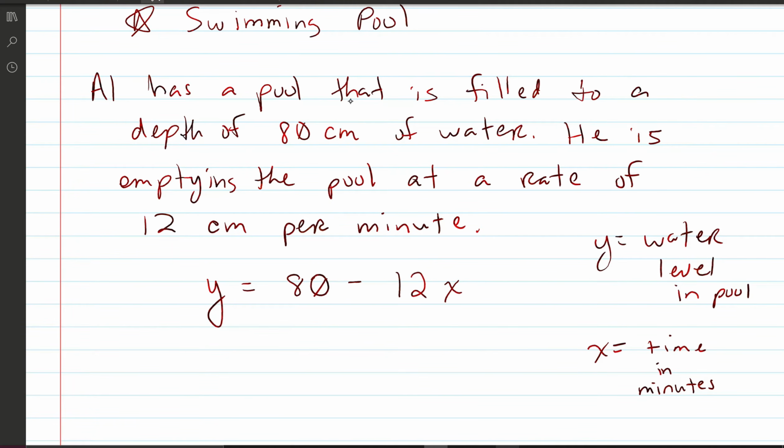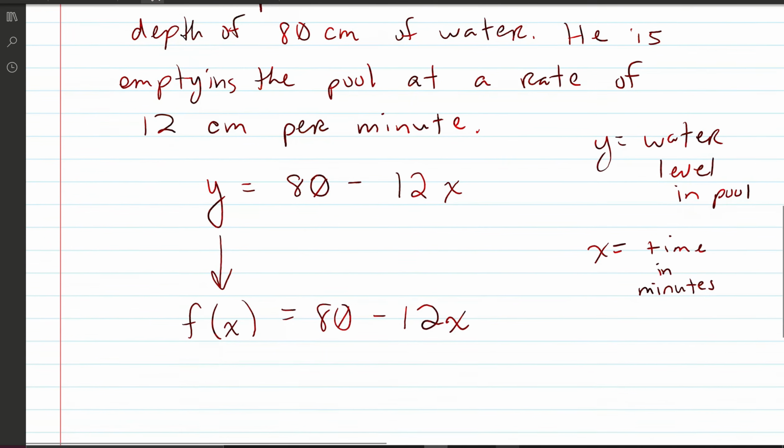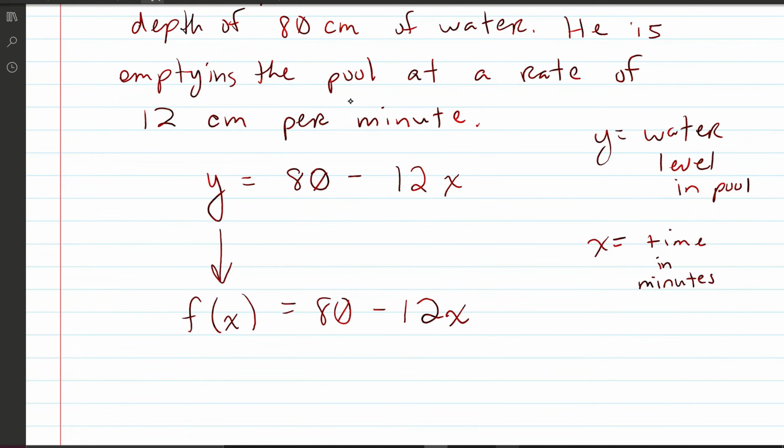All right. We can even rewrite this. Instead of writing y, we'll use f of x. F of x is equal to 80 minus 12x. So f of x can represent the y. This f of x is the output, where that x is our input, or any x that you see is the input, right?